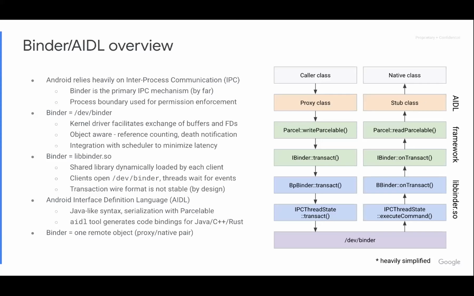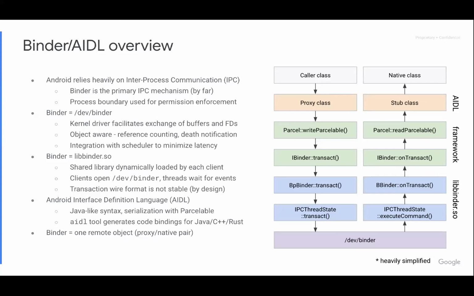But Binder is a slightly overloaded term. So when people say Binder, they could mean the kernel driver in Linux that is exposed through the dev binder dev node. It's actually upstream, and it has been for a very long time.